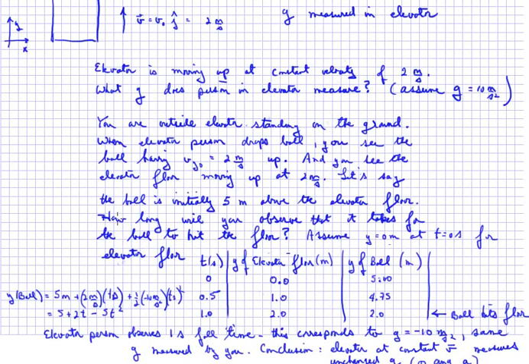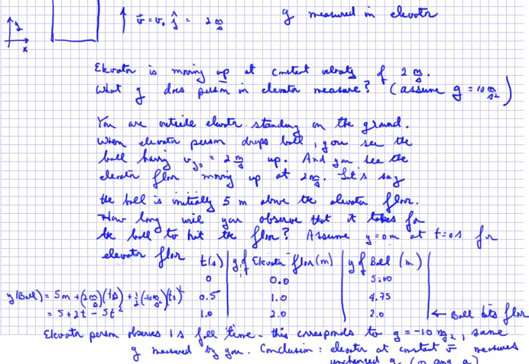So the question is, how long will you, standing on the ground outside, observe that it takes for the ball to hit the floor? That will be the same time that the person inside the elevator would observe. So let's assume that at time equal to 0, the y for the elevator floor is at 0. In other words, the elevator floor is at ground level at time 0.